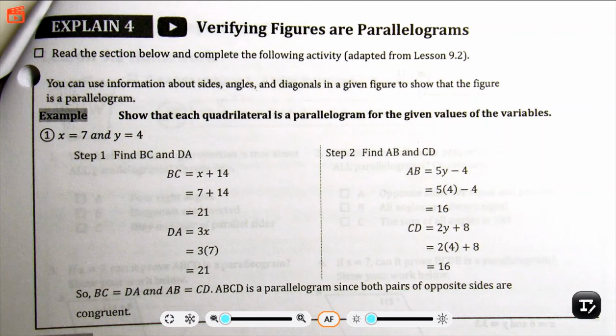And the last thing we need to check is NK. So NK is equal to 8y minus 6, so 8 times 3.5 minus 6. And 8 times 3.5 is 28. So 28 minus 6, and that is 22.